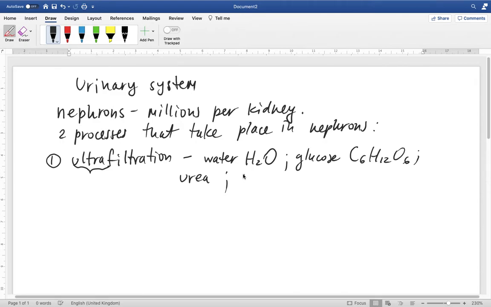So these are called amino acids. And again, these tend to be pretty small, right? Maybe a little bit bigger than glucose, depends on which kind of amino acid you're talking about. But they're definitely small enough to get through that filtration system.